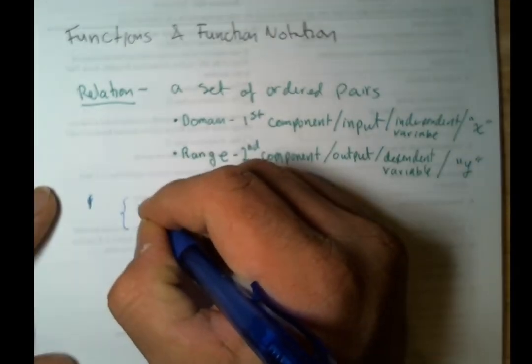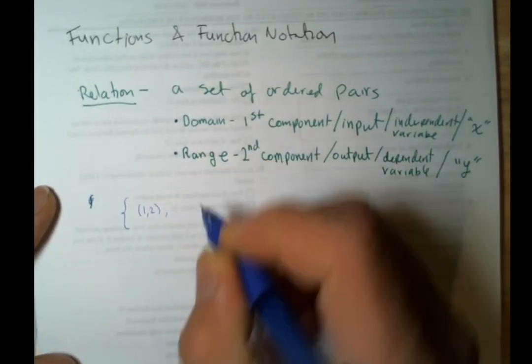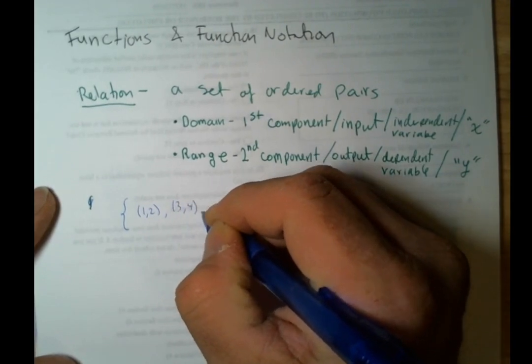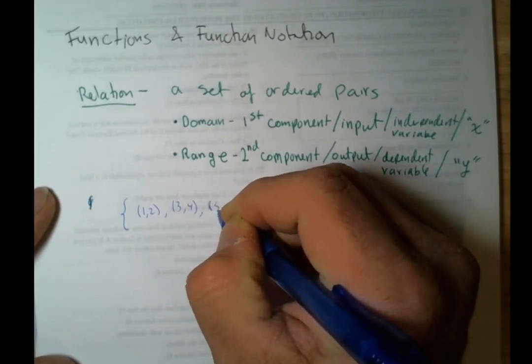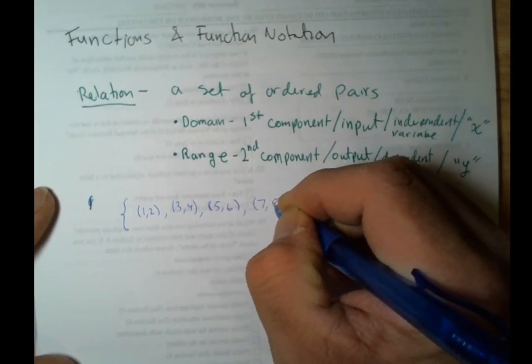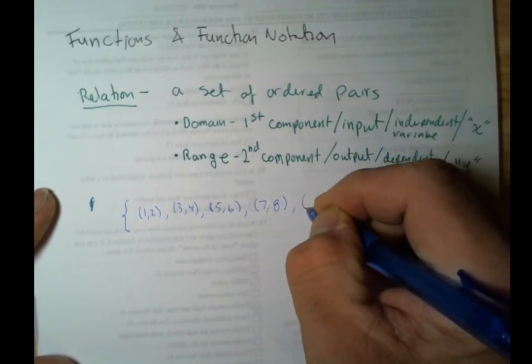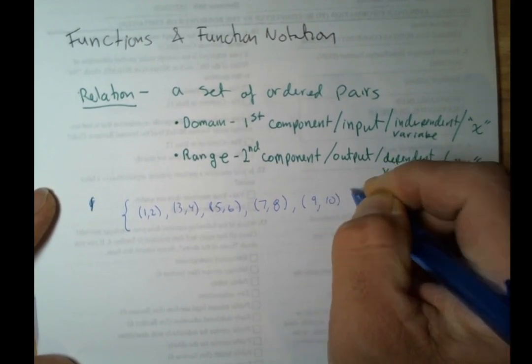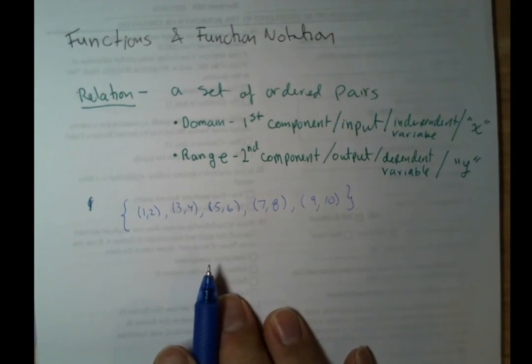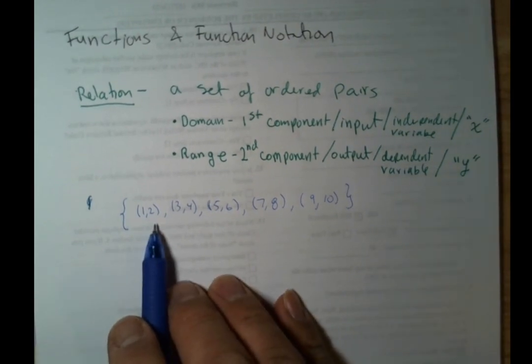An ordered pair can have the form of something like this: (1, 2), (3, 4), (5, 6), (7, 8), and (9, 10). Looking at this, we see this set has 5 ordered pairs.